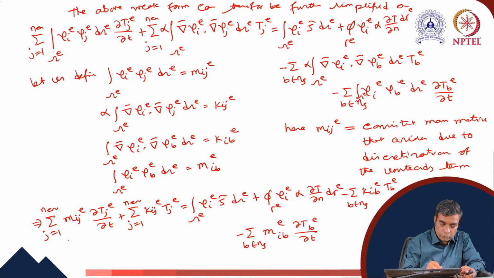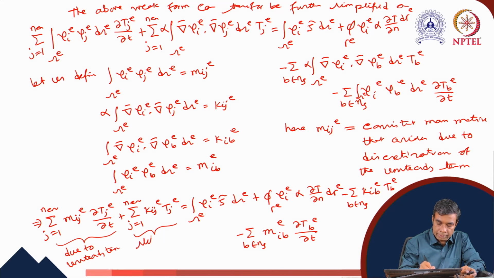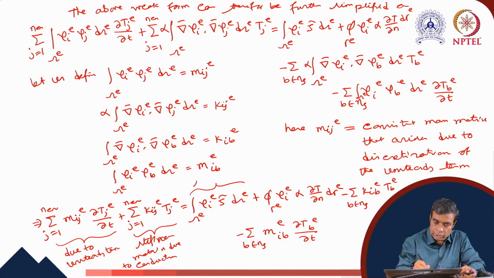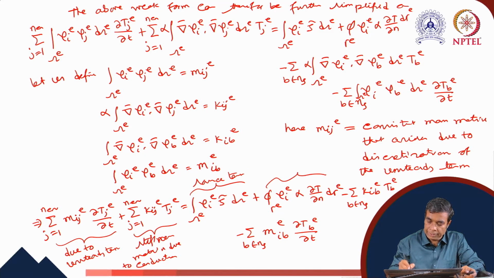This first portion is due to the unsteady term. This is the stiffness matrix, due to conduction or diffusion. This is the source term in the right hand side, the first term. The second term in the right hand side is the NBC or natural boundary condition contribution.